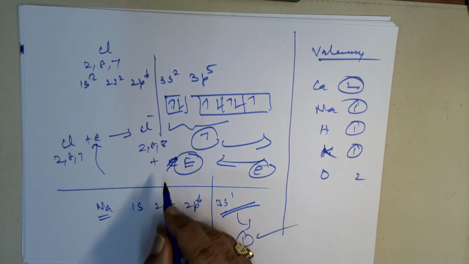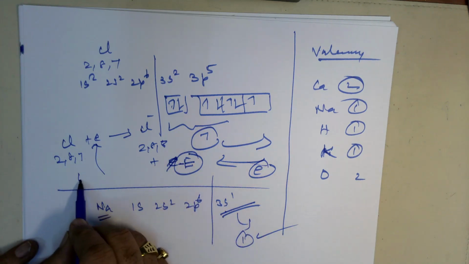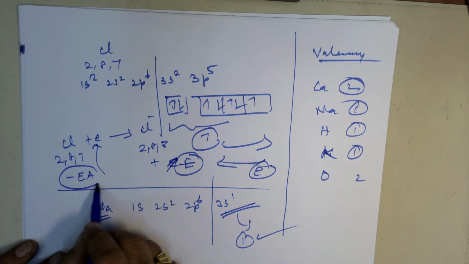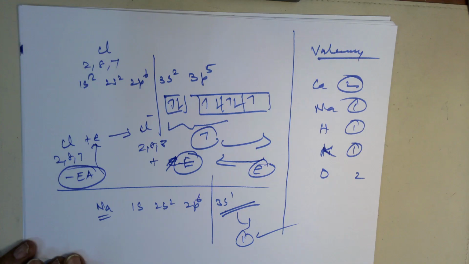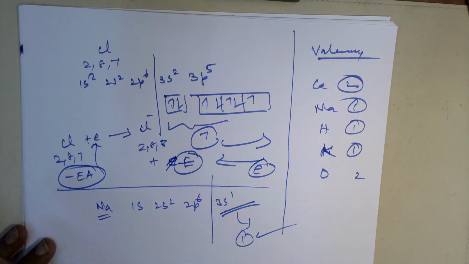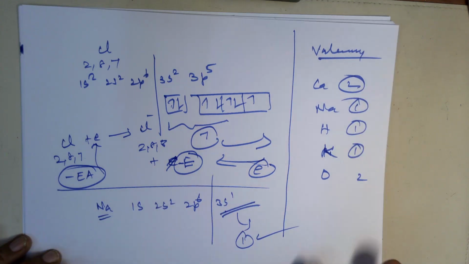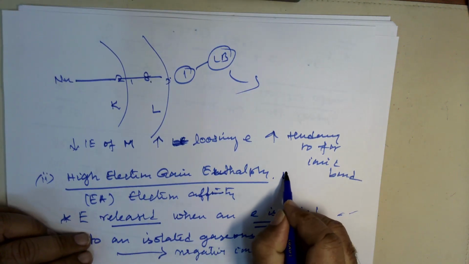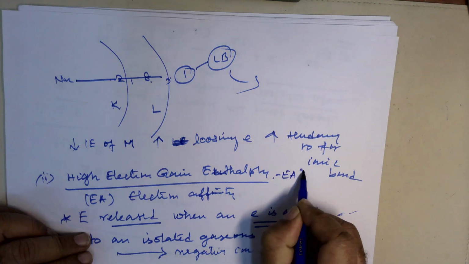The energy release is represented by minus, so we can put minus EA. This is called electron affinity, and it can also be called electron gain enthalpy. This occurs in the case of non-metals, chlorine being a non-metal, so it has that character. The electron gain enthalpy is always indicated by minus EA, take down.